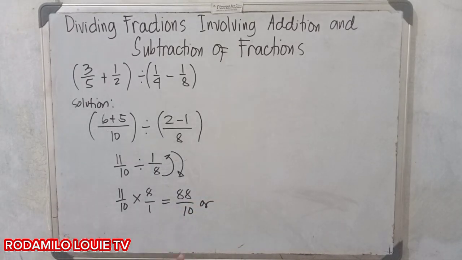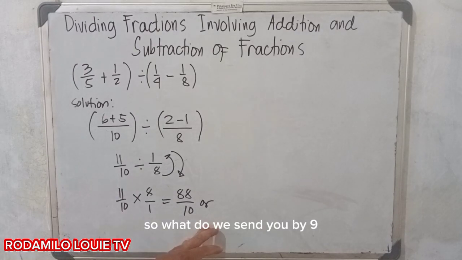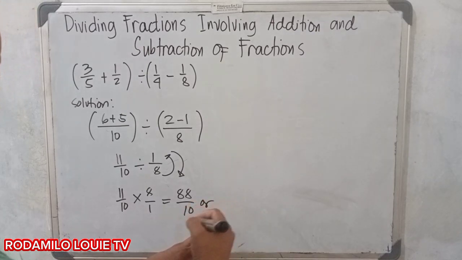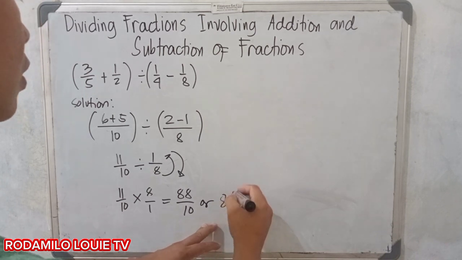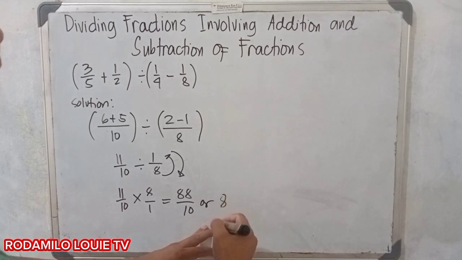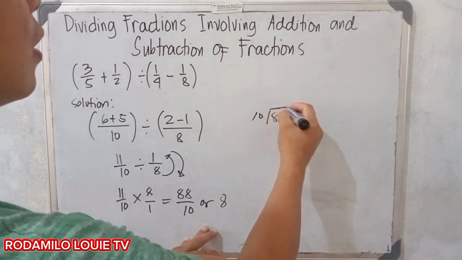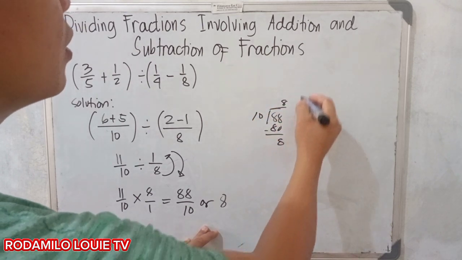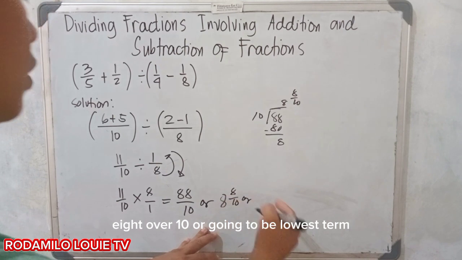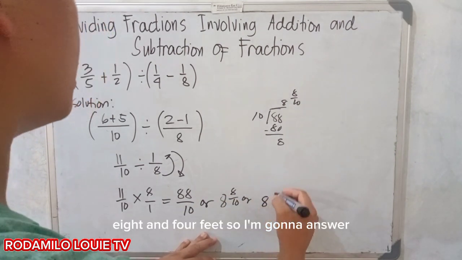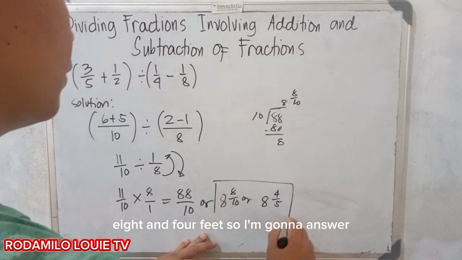So, if we simplify, 88 divided by 10 is 8 and 8 over 10, or in lowest terms, 8 and 4/5. So that is our final answer.